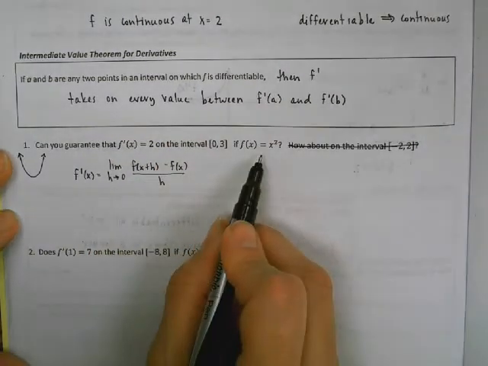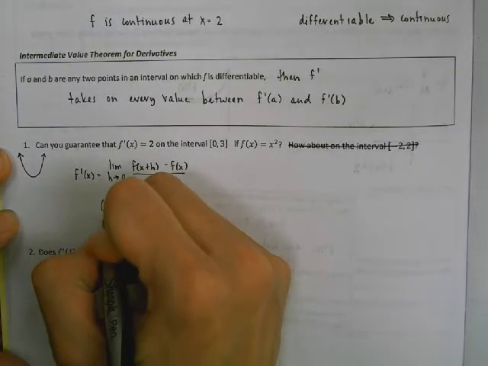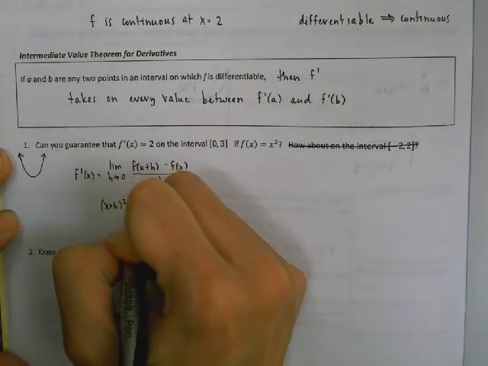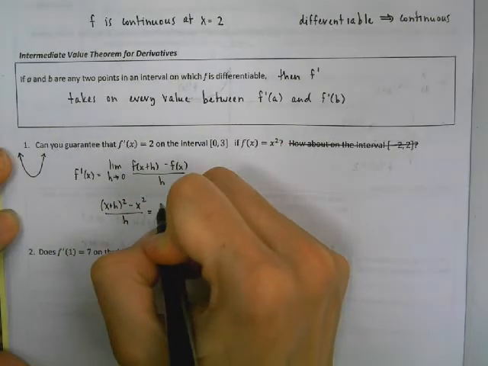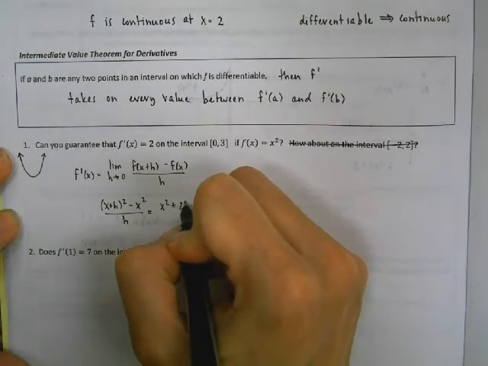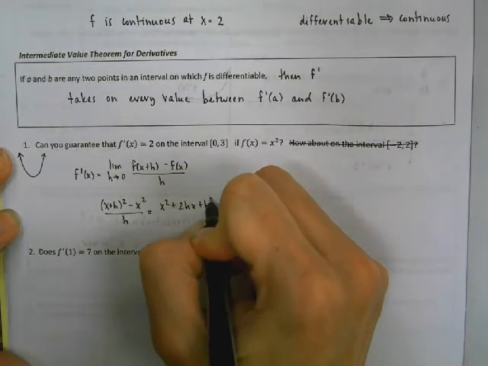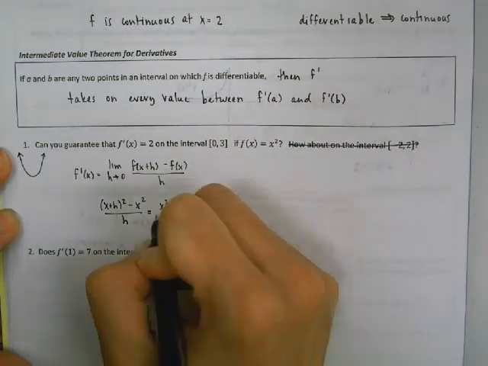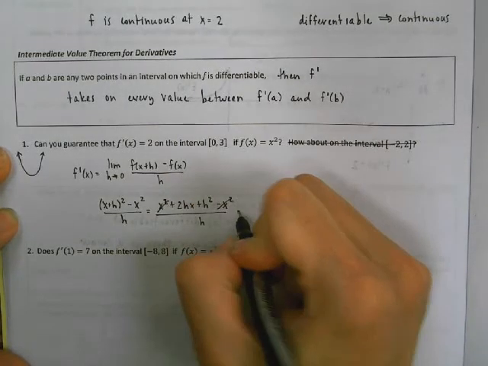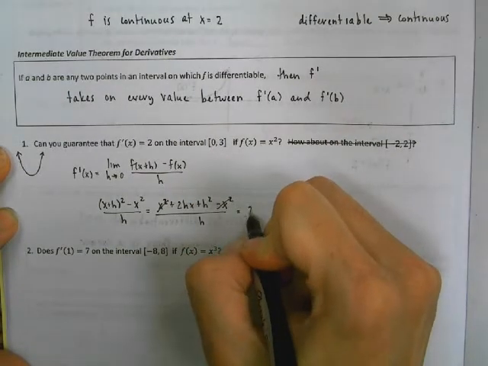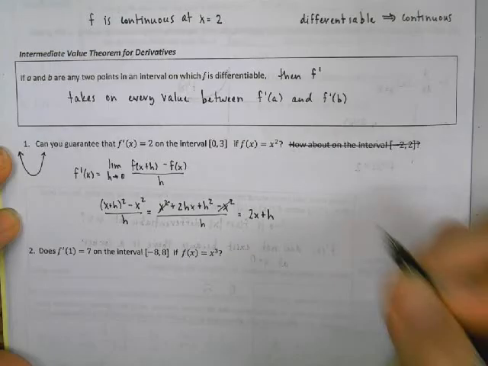So for our function, it's x squared. We have x plus h quantity squared minus x squared over h. So I'm going to work through the algebra here. And if I simplify, I know that's 2x plus h.